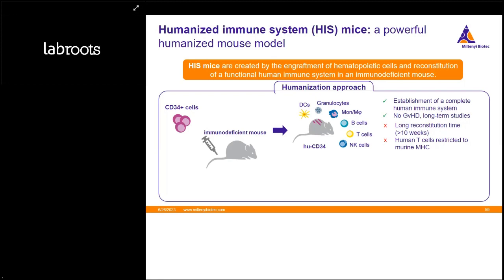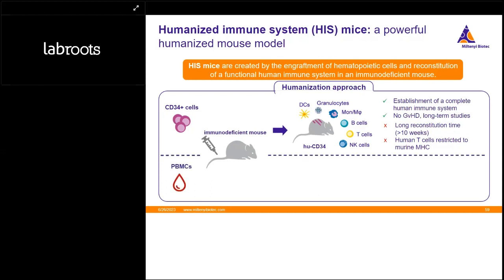But the advantage is that after this long setup, you will establish literally the complete human immune system. Because this is a novel development of the immune system, you don't really need to worry about GVHD, or graft versus host disease. So this kind of mouse is ready for long-term immuno studies.